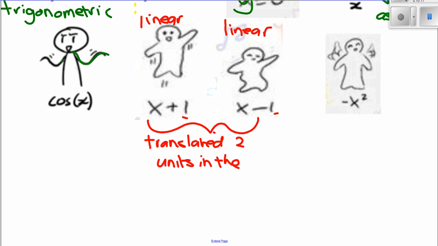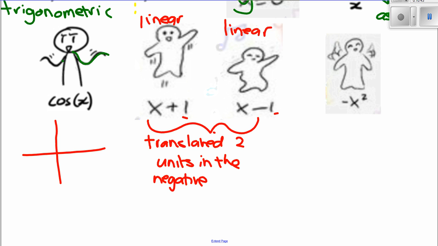Wait, if it was x plus 1 and x plus 3, wouldn't it move up 4? It would have been plus 1 and then moved to plus 3. So from 1 to 3 there's 2 units. Whereas from 1 to negative 1, it's gone down to 0 and then down to negative 1. So it went 2 units down here. I can also show you on here, x plus 1 would look like that.